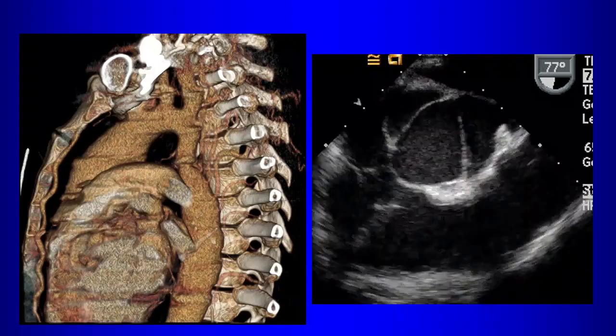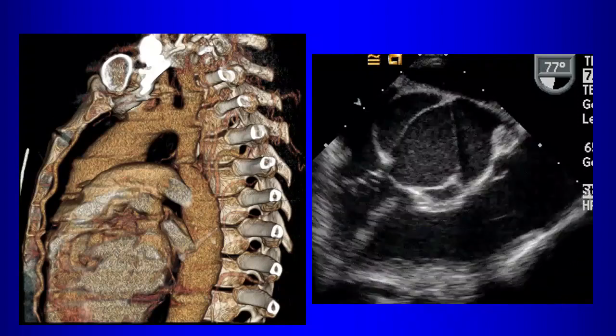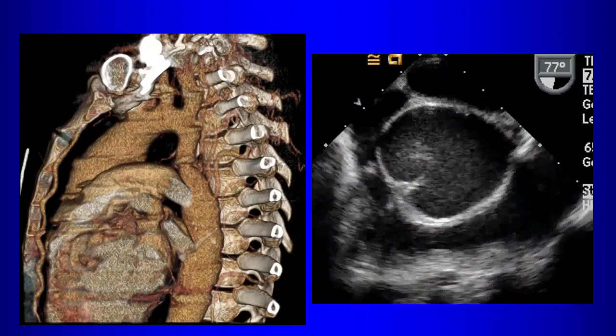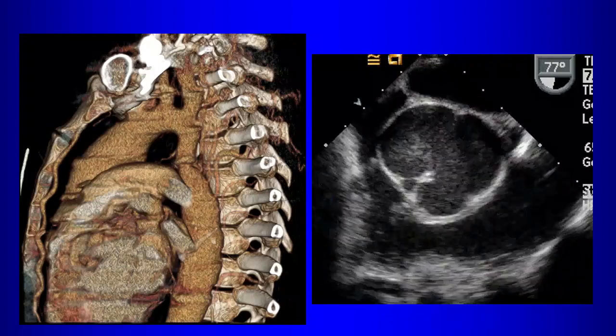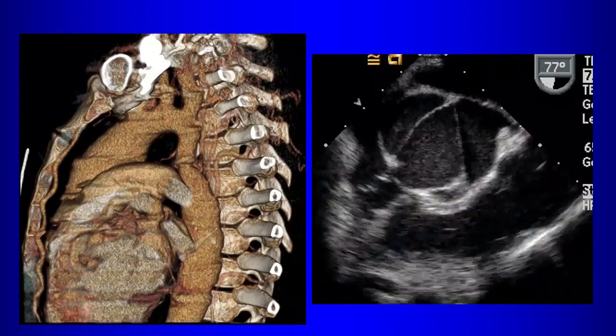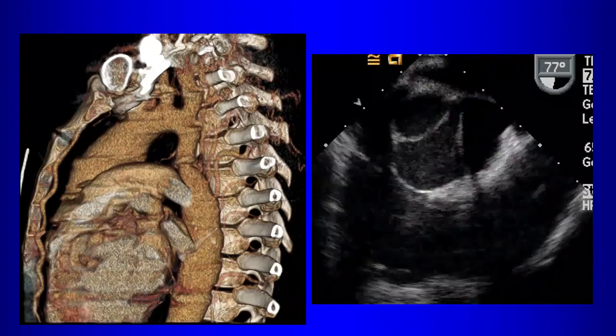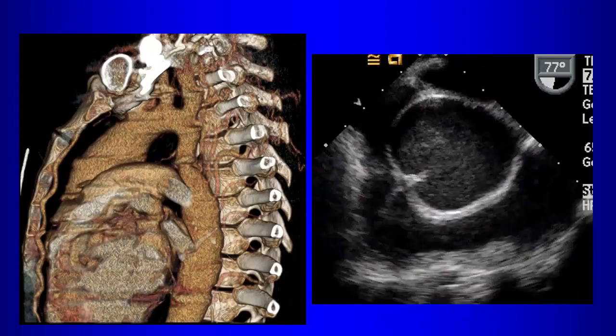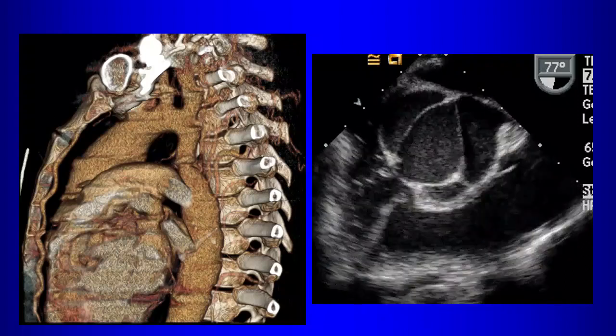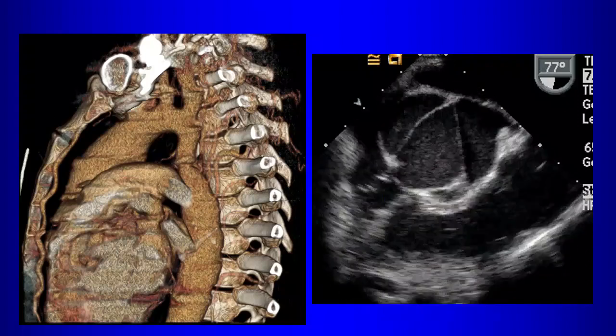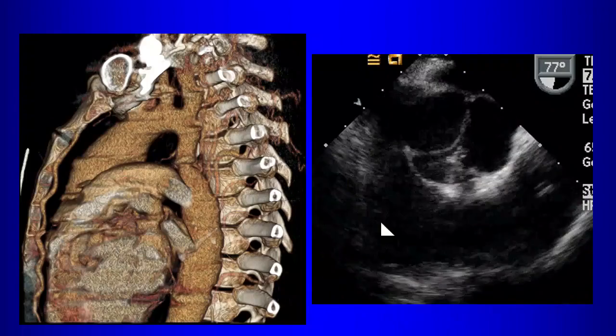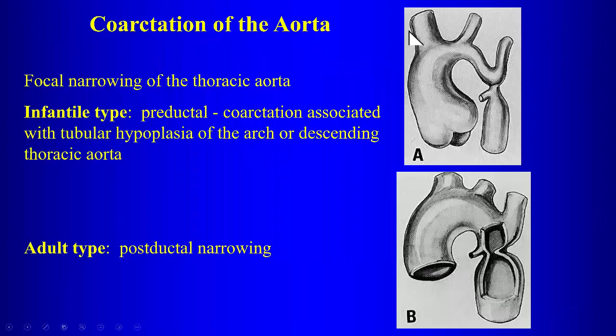That's why it belongs in the differential for young people with dilatation of the ascending aorta. In addition to Marfan's, bicuspid valve can also cause dilatation of the ascending aorta without stenosis. These patients are also at increased risk for dissection. So bicuspid valve can do all of those things, and that's what we have in this case.